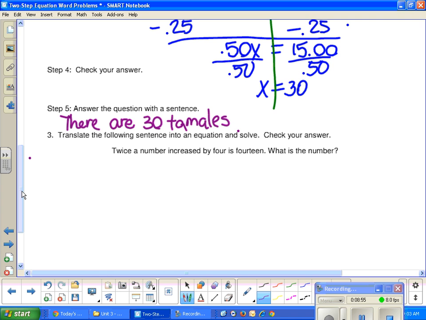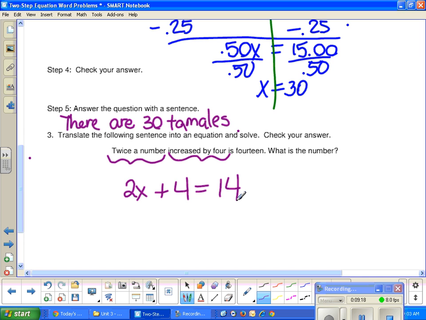But for this one, take each part. The number is what? 2 times. So you can use x, n, doesn't matter. What about increased by 4? Plus 4. Is 14. So that's the number sentence that represents that.